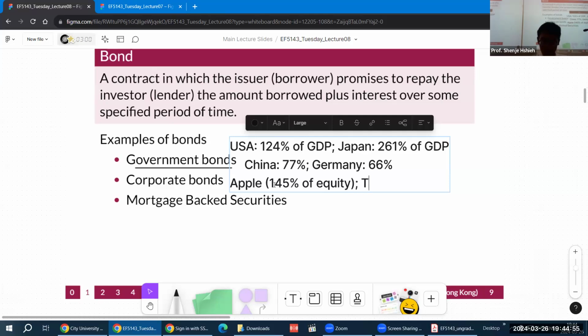And Tencent has actually remained quite stable in terms of their capital structure, at 45% of their market cap. And lastly, mortgages, another very common debt that's been traded. We care about China and Hong Kong. China is about 63%, and Hong Kong is about 93% of GDP.